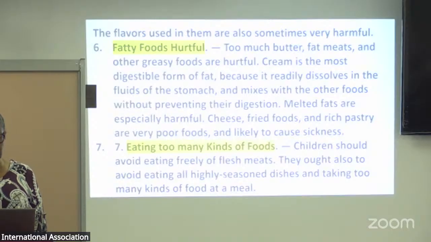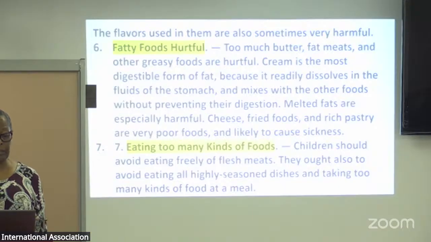Fatty foods are hurtful. Too much butter, fatty meats, and other greasy foods are hurtful.